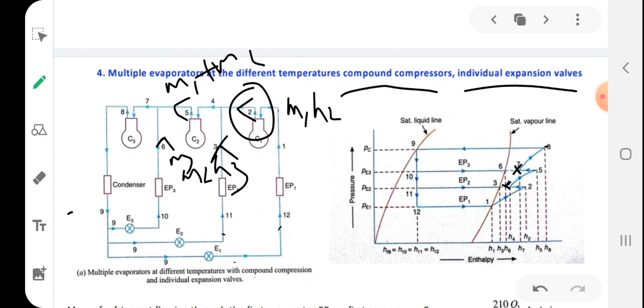Here, with no flash intercoolers, these two points, 4 and 7, were outside the dome.